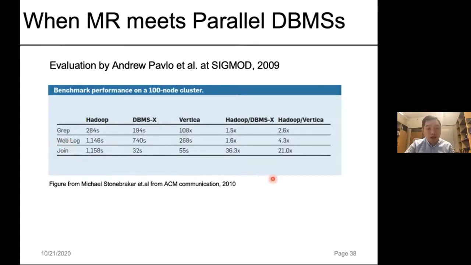We can see, surprisingly, DBMS-X is 1.5 times better than Hadoop in selection, 1.6 times better than Hadoop in web log aggregation, and 36 times better in the join, and Vertica can do an even better job than DBMS-X because of the column storage.